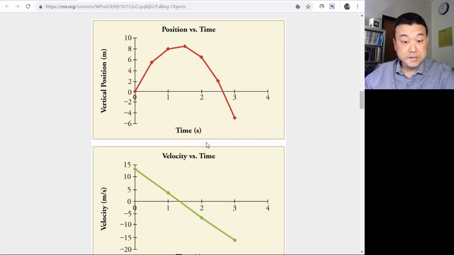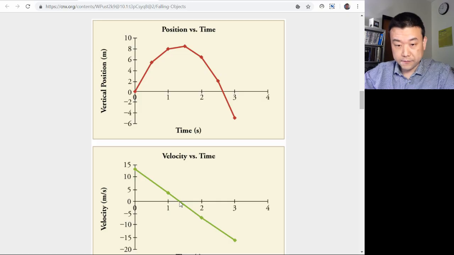And what you can see here is that when the rock is at the top of its motion, at that point the velocity is zero. You can understand it as the rock is neither going up nor down, so it's very momentarily at rest, so its velocity is zero.